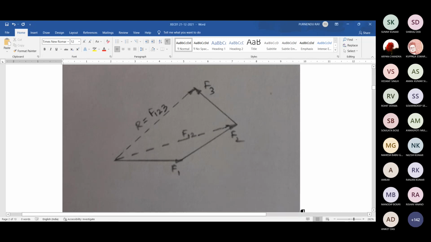Okay. So for this case, just hold a minute. When we have a fourth force where the starting point of the fourth force is the finishing point of the third force, and the finishing point of the fourth force overlaps with the first point of the first force, then what about the gap?